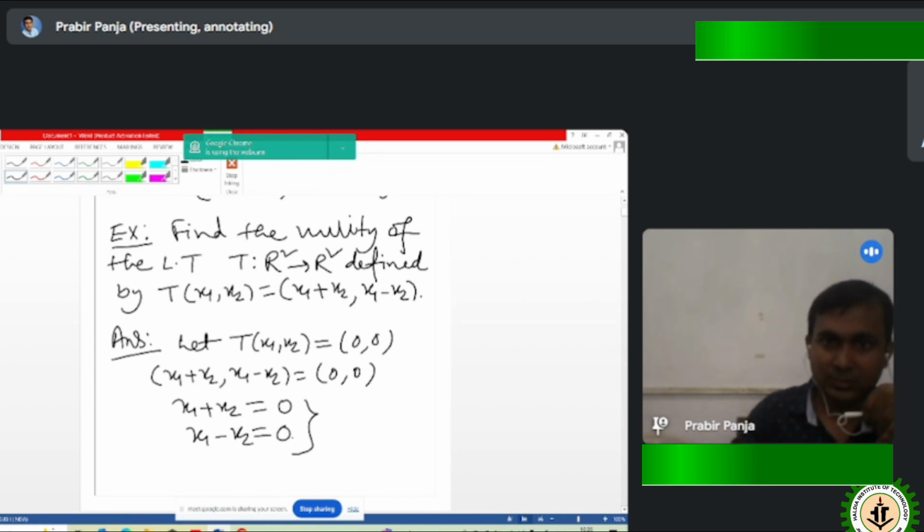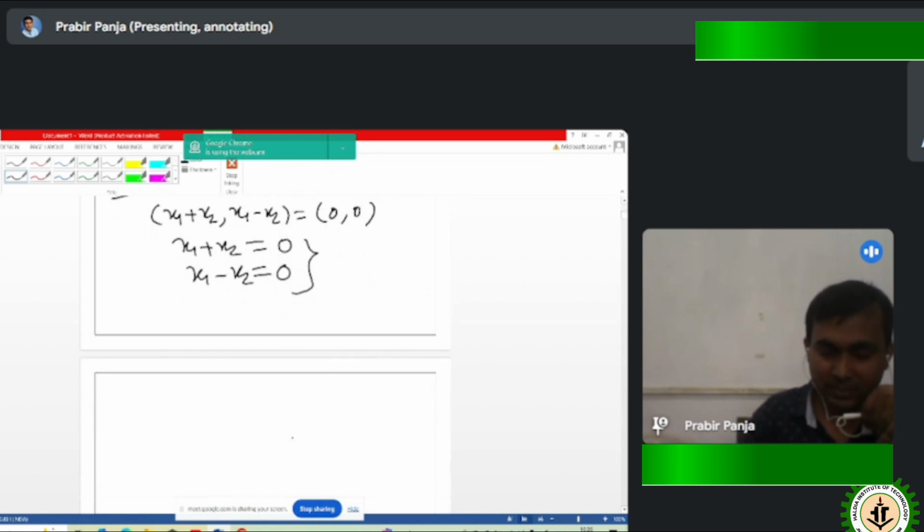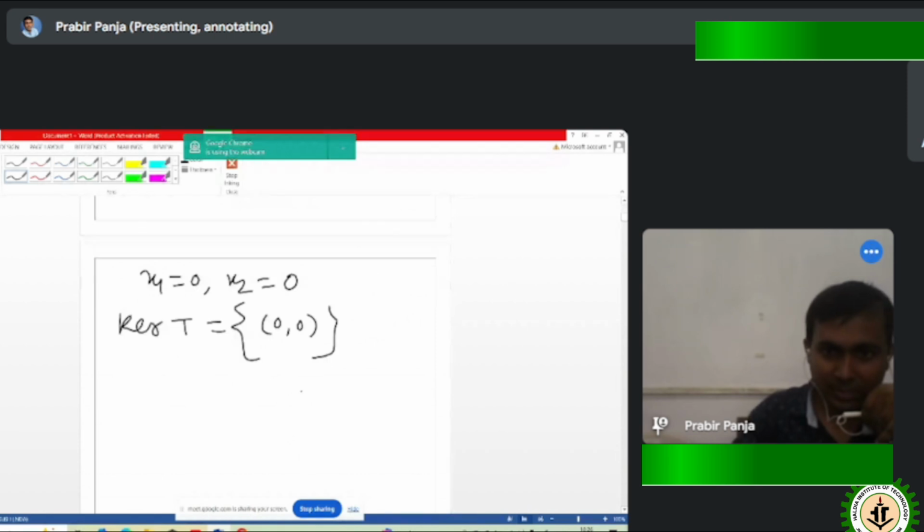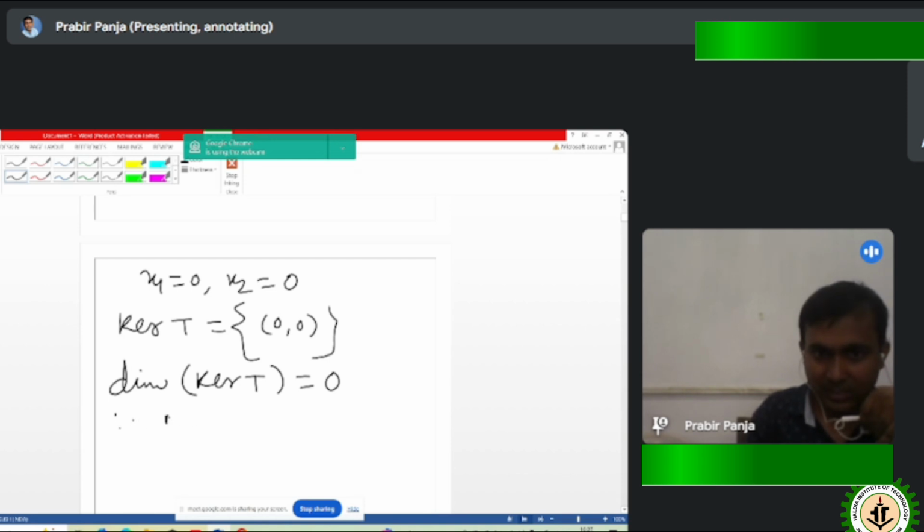If we solve these two, the solution will be x1 equal to 0, x2 equal to 0. So the kernel of T has the element 0, 0, and 0 is not a linearly independent vector, so the dimension of the kernel of T becomes 0. The dimension of the kernel of T is the nullity, so the nullity of T is equal to 0 for this linear transformation.